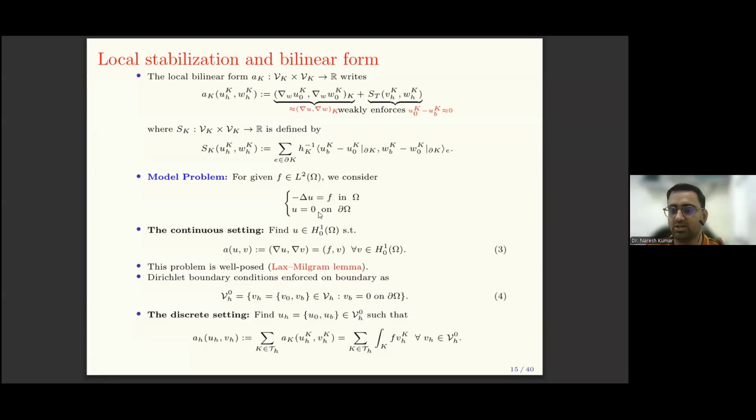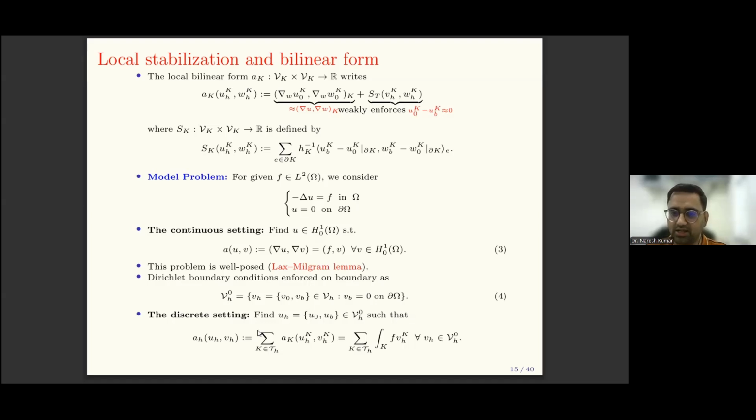So when you impose U equal to 0 on the boundary on the WG space, then VB equals 0 on the boundary. If we apply the same thing in the classical finite element method, we can write VH equal to 0. But here VH has two components, V naught and VB, so we cannot take VH here. We take VB equal to 0 because VB is only responsible for the boundary or edge part.